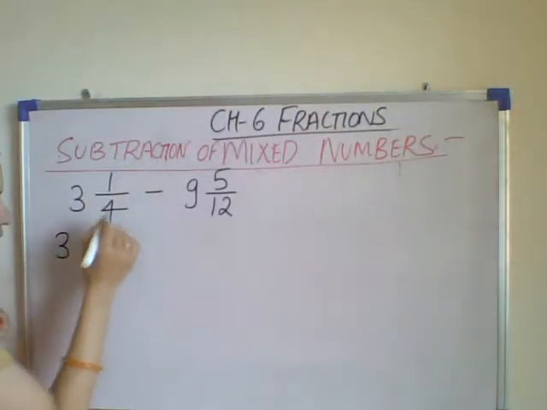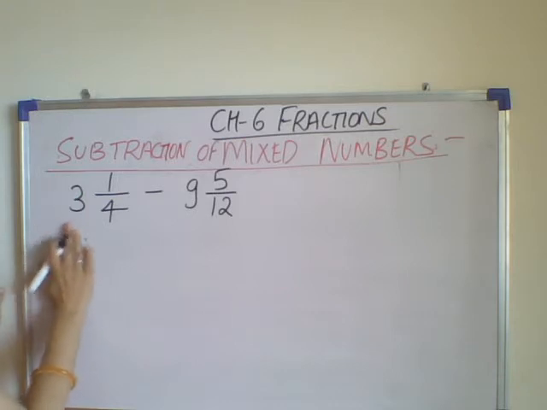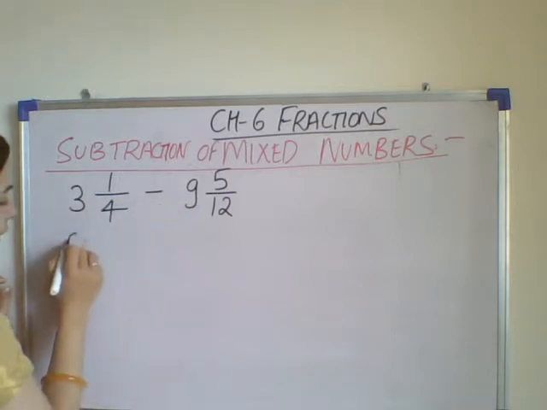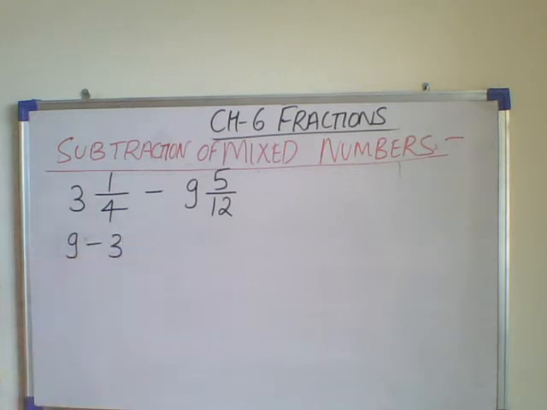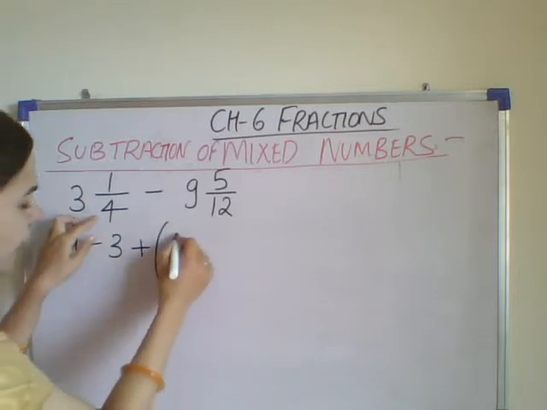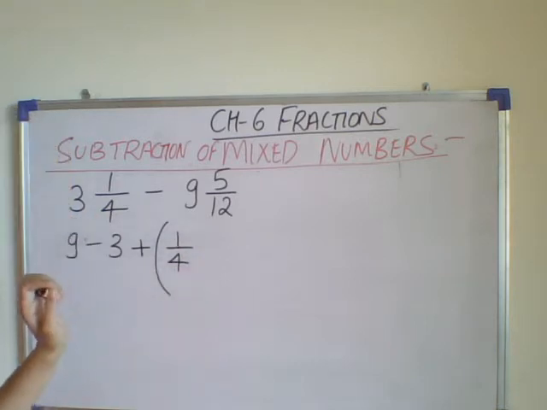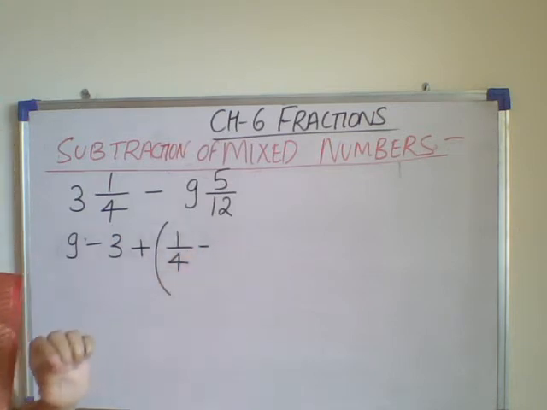First of all, the whole numbers, that is 3 and 9, I will be writing separately. I will be subtracting this fraction. So 9 is greater, so I will be writing 9 minus 3. After writing this, I will be putting a plus sign and I will be writing the fractions, 1 by 4 minus 5 upon 12.